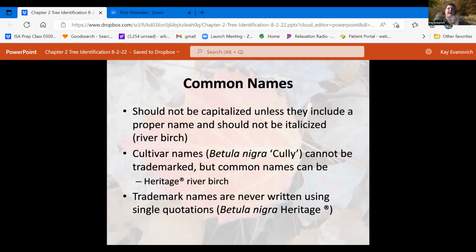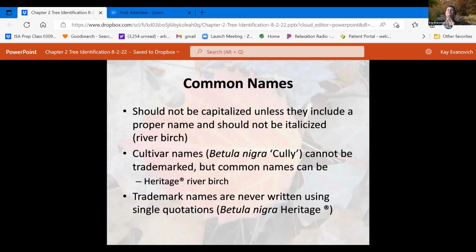Whoever created that Heritage by mixing trees and breeding trees, genes and splicing and all that wonderful stuff that we do, came up with Heritage, breeds true every time. So they copyrighted the name Heritage for their cultivar, right? Their Betula nigra cultivar is trademarked as a Heritage river birch.